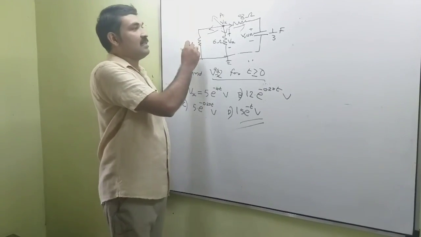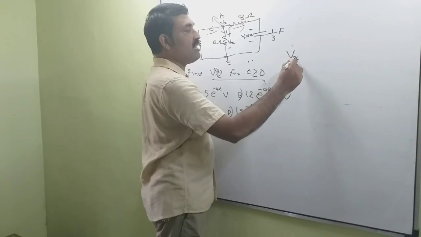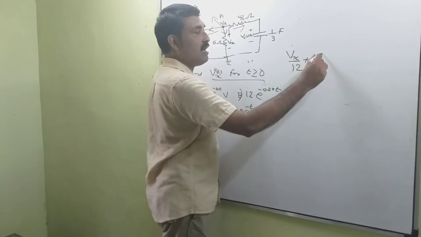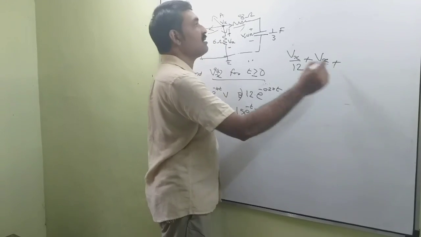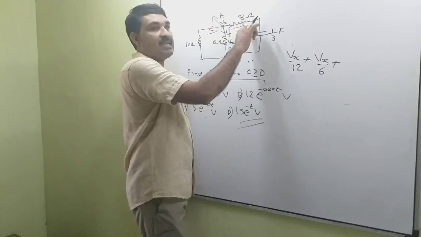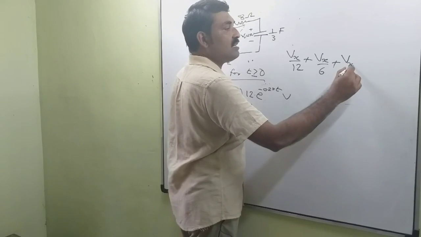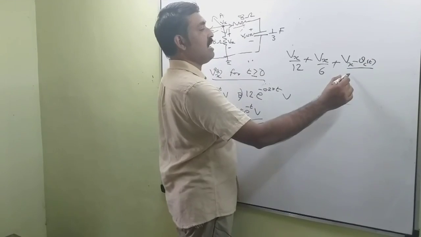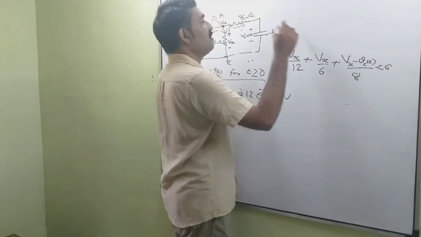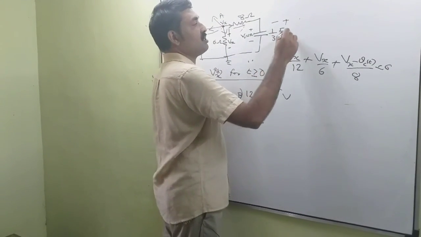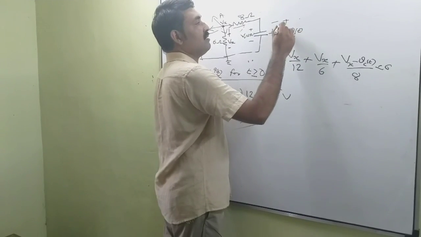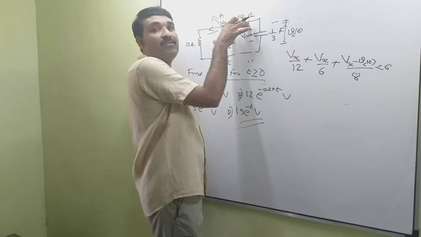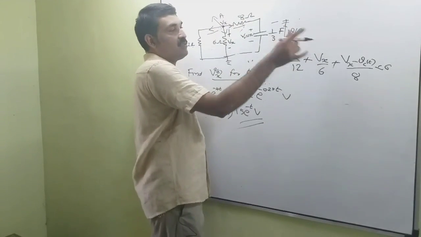So current through this resistance 12 ohm is given by Vx by 12, plus current through this 6 ohm resistance, that is Vx by 6, plus current through this branch, that is given by Vx minus Vc(t) divided by 8, that is equal to 0. The voltage across this capacitance is given as Vc(t). So the potential difference across this branch, this 8 ohm resistance, is Vx minus Vc(t).